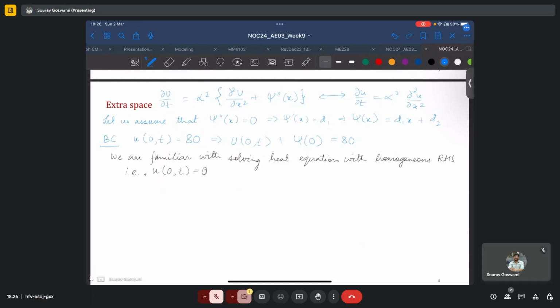So again, a second assumption: if we assume that U of 0 comma t is 0, this would mean that this non-homogeneous RHS 80 is taken care of by the psi at 0 term.